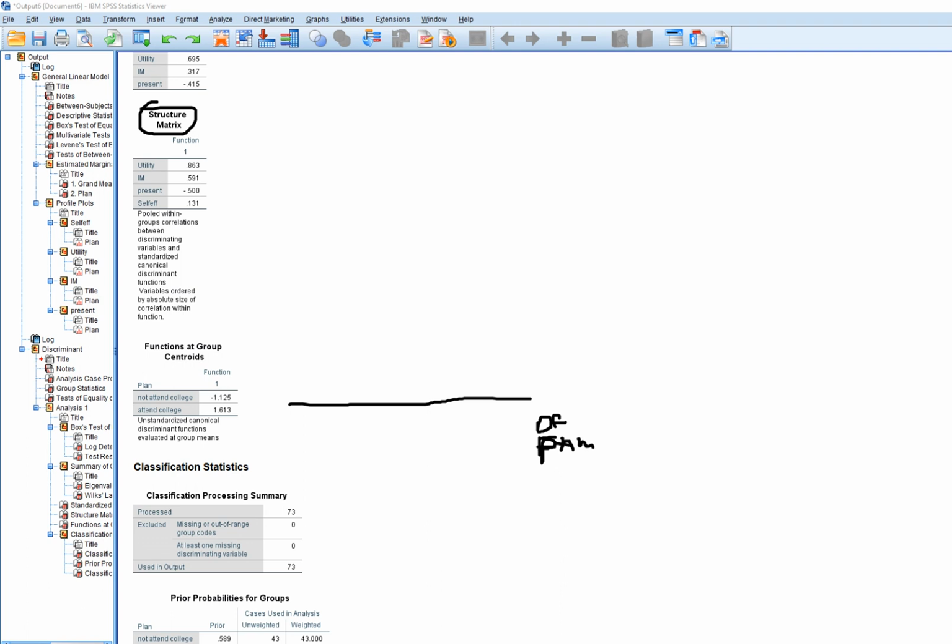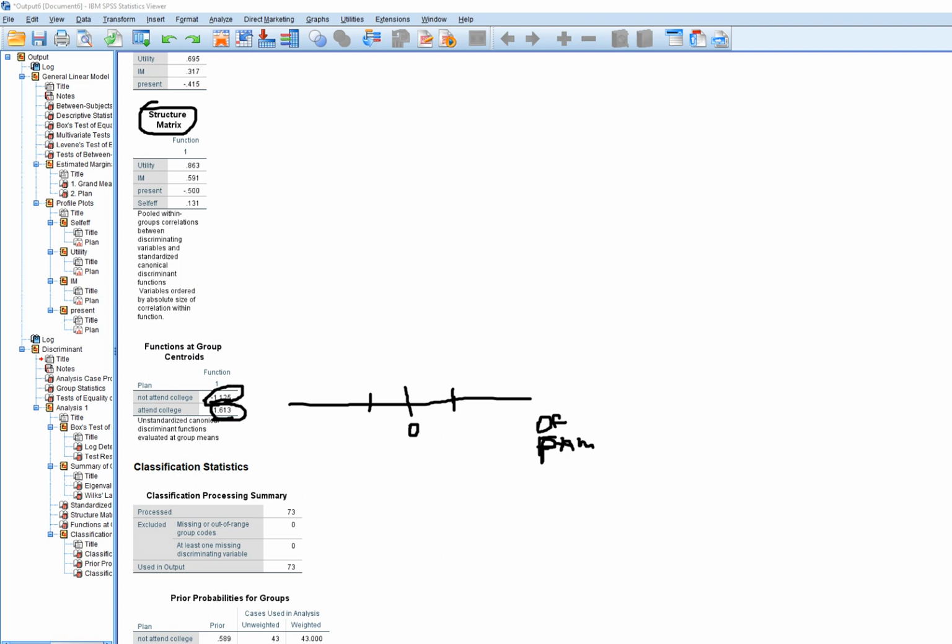I'll just call it FAM. So at 0, there would be no group difference, and then in this particular case right here, the do not attend college group would be plotted on this side here, and the attend college group would be over here. So you can see that the mean of the discriminant function was higher for the attend college group than the do not attend college group.